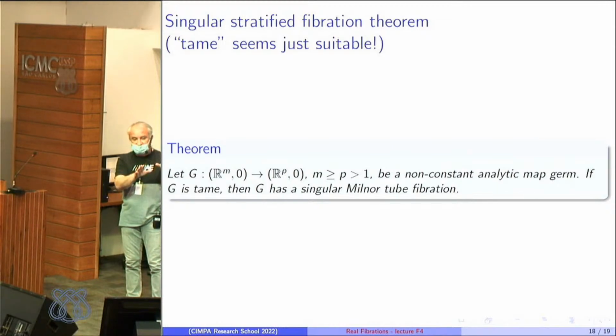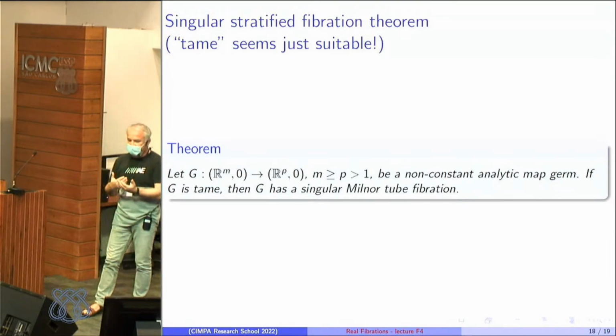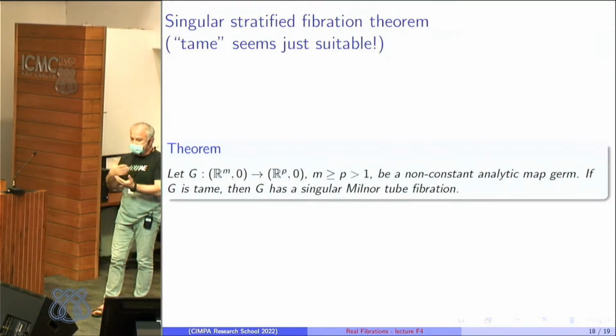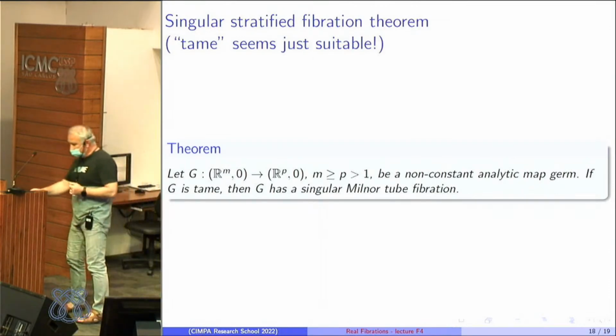So if it's tame, that means you can choose your stratifications, W and S, one for the source, one for the target, that make G a singular fibration. So this condition tends to work together, of course, with all the machinery behind the stratifications and carefully choosing everything, makes things work. And I'll close with one application.